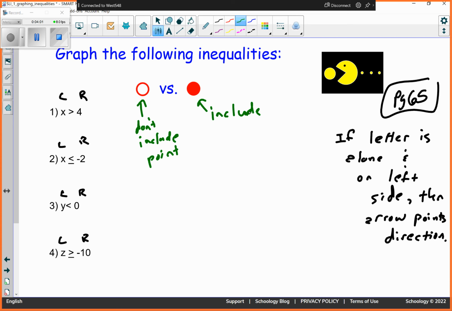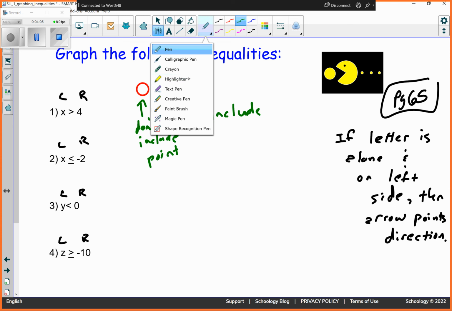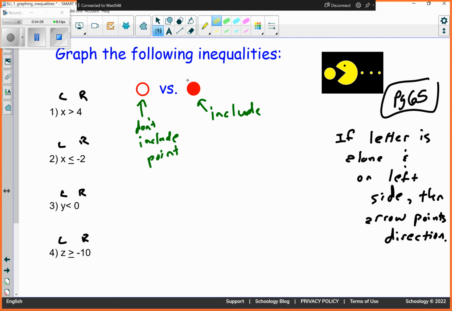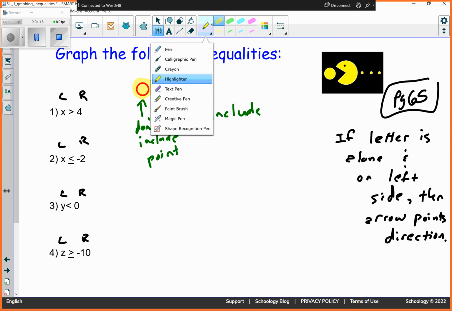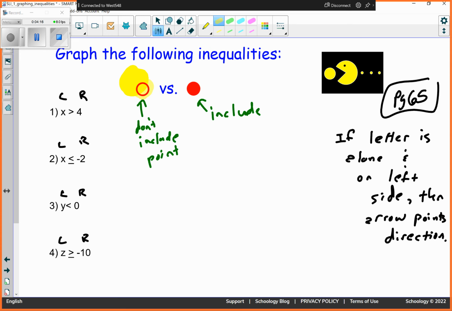Okay? If you see this sign right here, that's going to go with these two signs themselves. Greater than or less than.